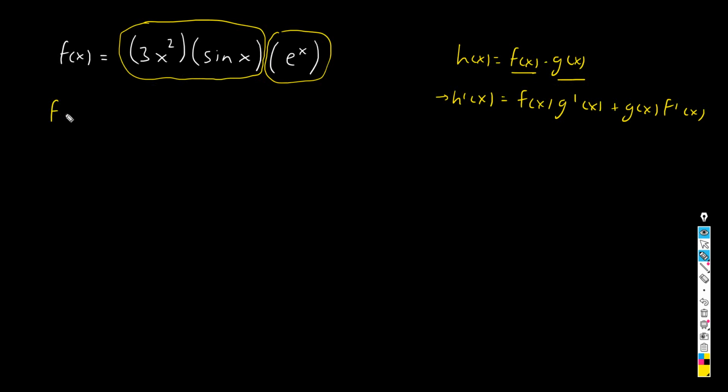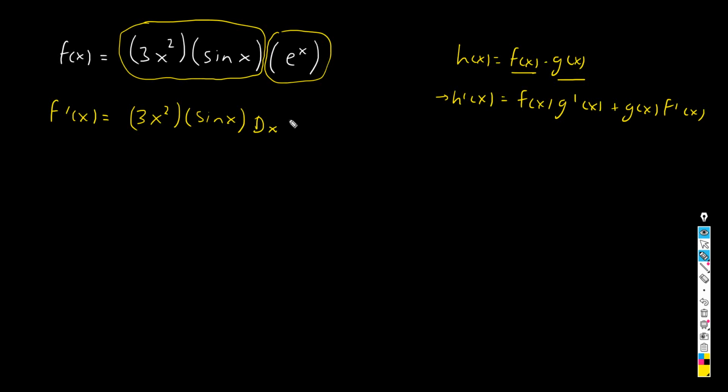What's it going to be? We're going to have f prime of x equals the product of this function times this function. That's what f of x is. So f prime of x is going to be equal to, let's start, the first function, which is all of this, times the derivative of the second function.